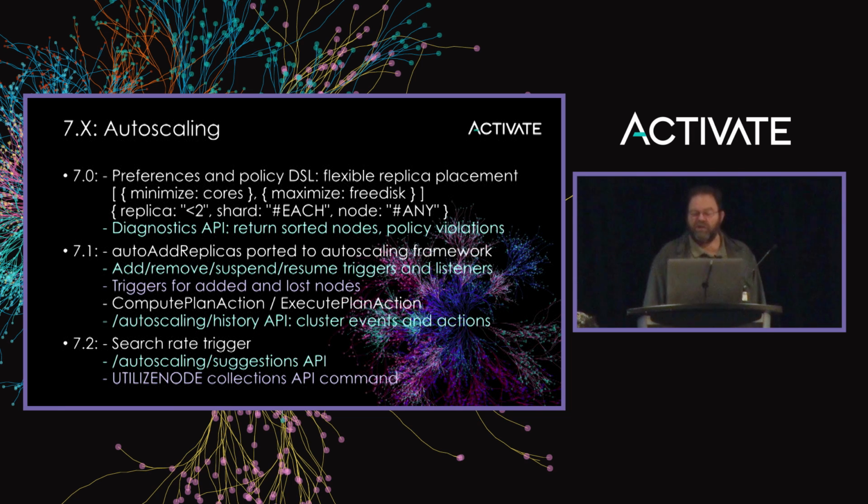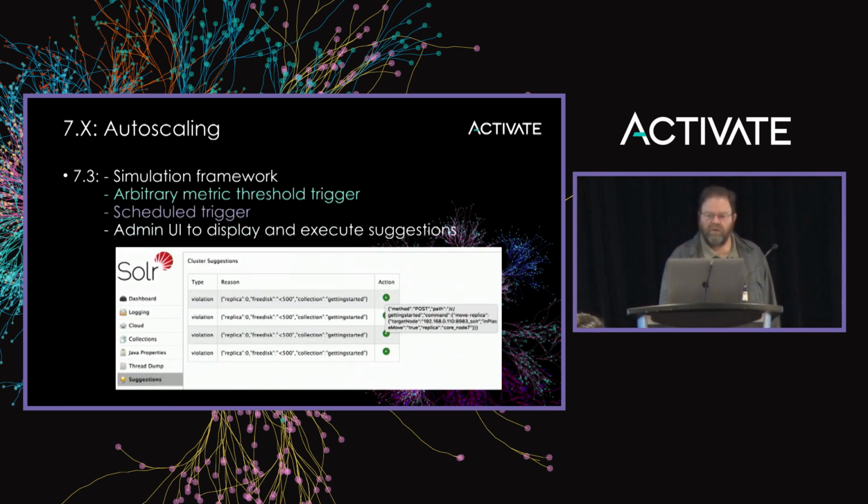An autoscaling suggestions API was added that will look at your cluster, your preferences and policy, and give suggestions for how to resolve violations that are found. I'll show a little bit more about that on the next screen. And a utilize node collections API command was added so that if, for example, you add a new node, you can tell the system to go do the right thing according to the policy rules that I've set up.